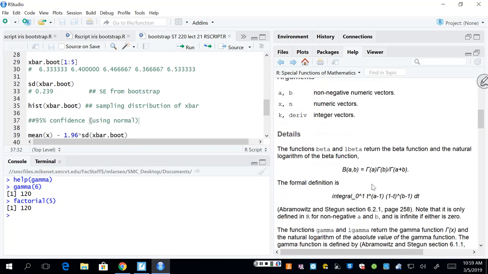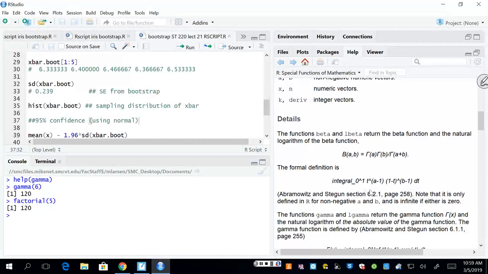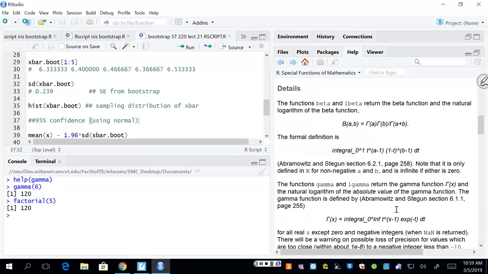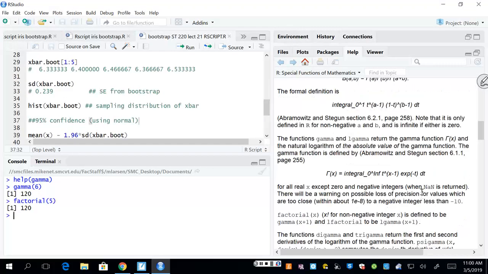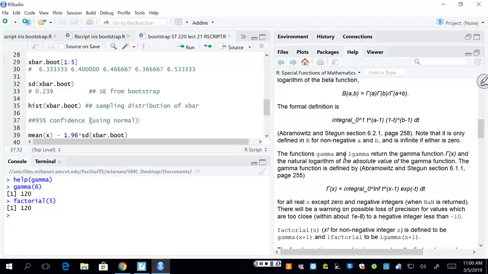These things get used in enough applied mathematics and computational problems that there are special functions that are programmed and computed. I think calculating this integral is really by quadrature, so it's not a closed form expression. Instead, they have to do numerical approximations to get this thing as accurate as possible. But it's programmed in.